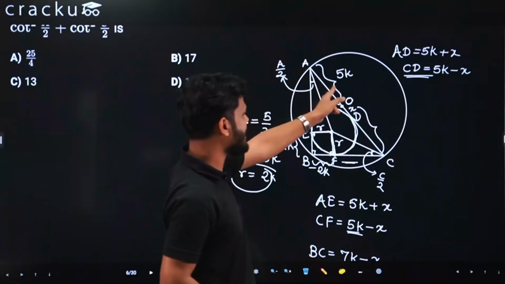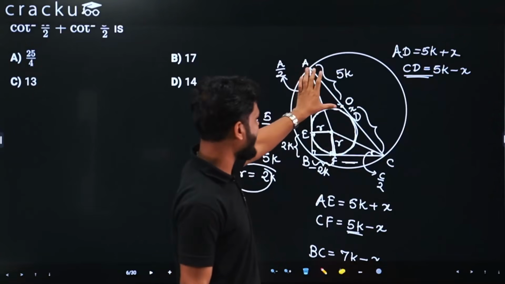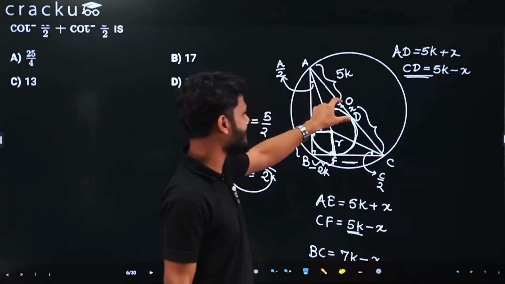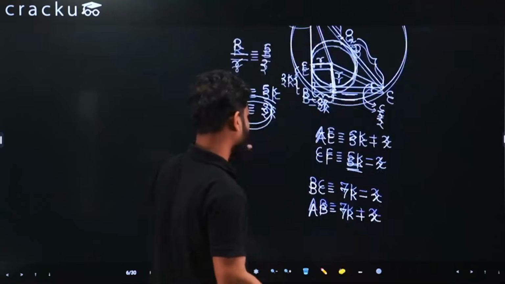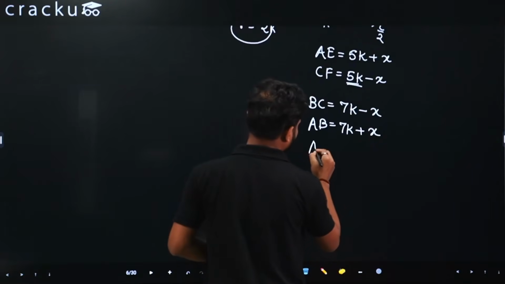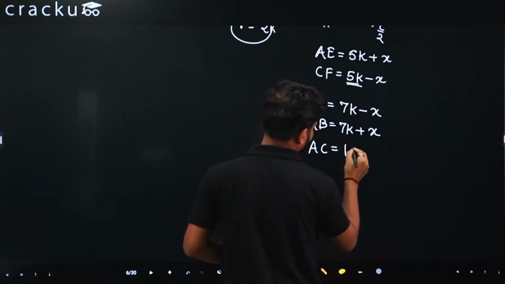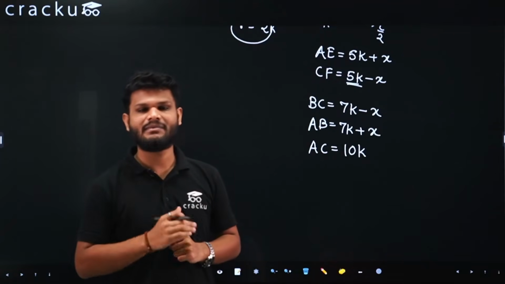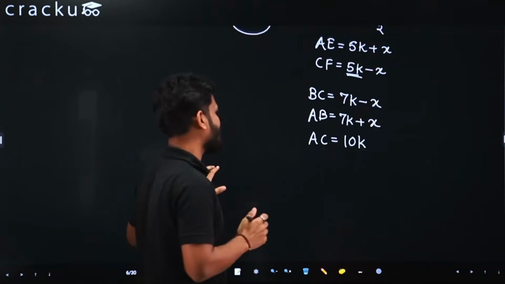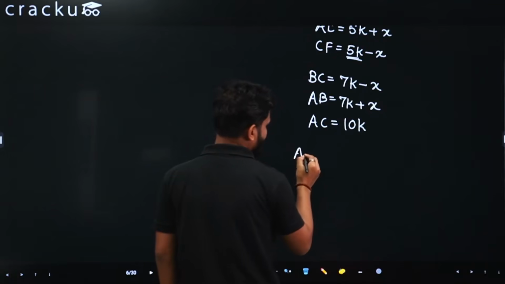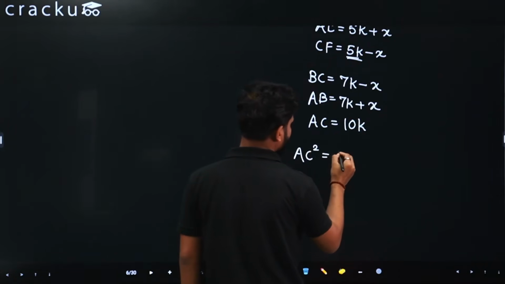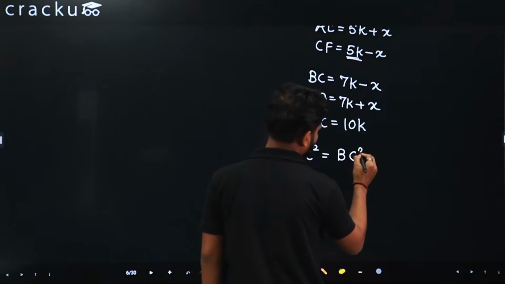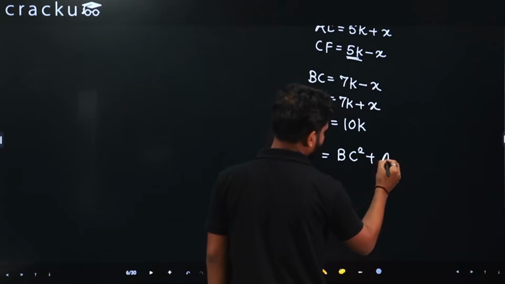Similarly, what is complete AC? AC is AO plus OC. AO is 5k, OC is 5k. So AC will be 10k. And in right angled triangle ABC, angle B is 90 degrees. So by Pythagoras theorem, I can say AC square is equal to BC square plus AB square.